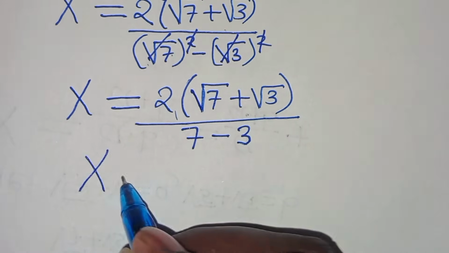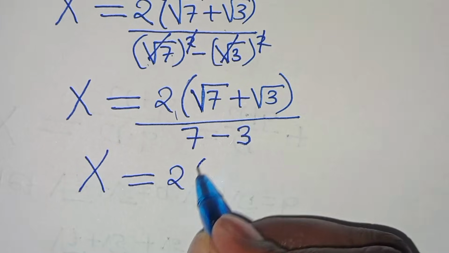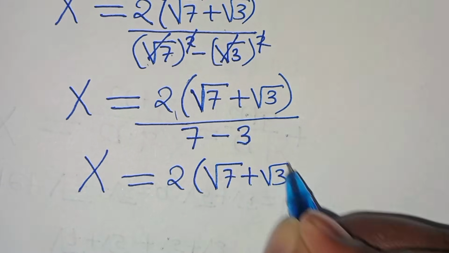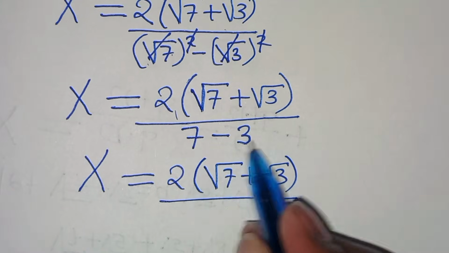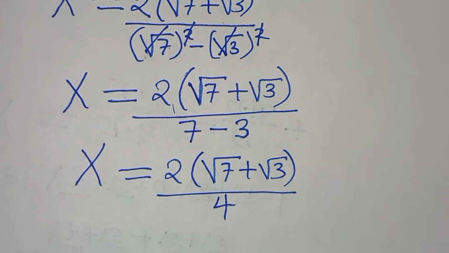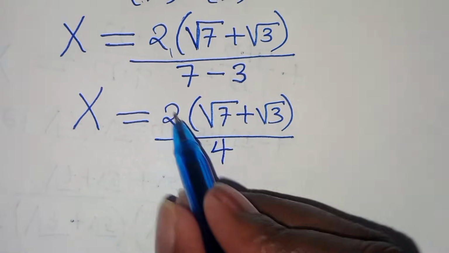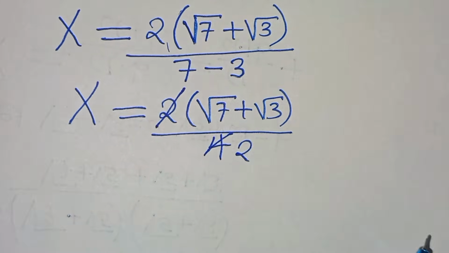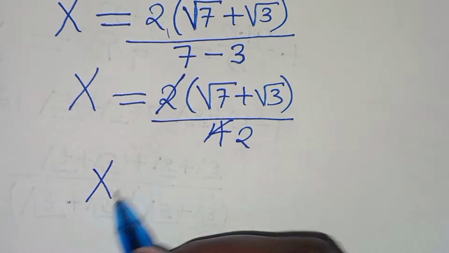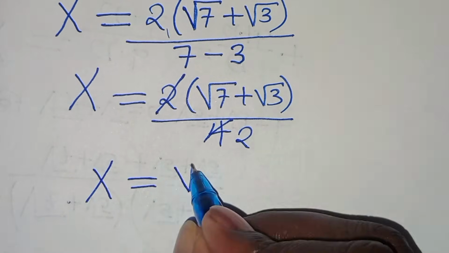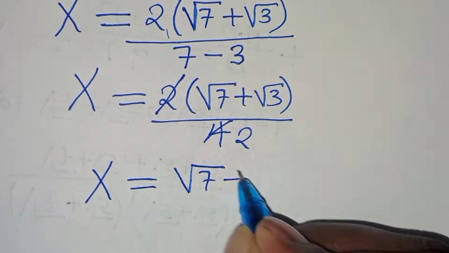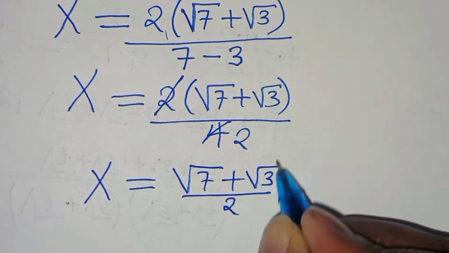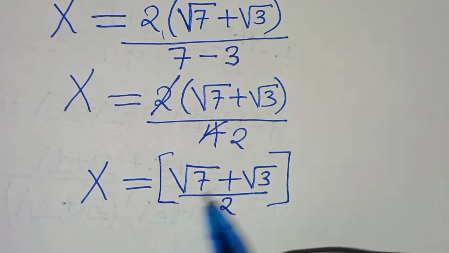So x is equal to 2 times square root of 7 plus square root of 3 divided by 7 minus 3, which is 4. Let's simplify here. 2 divided by 2, this is 1. 4 divided by 2, this is 2. So this means that x is equal to square root of 7 plus square root of 3 divided by 2. This is the value of x.